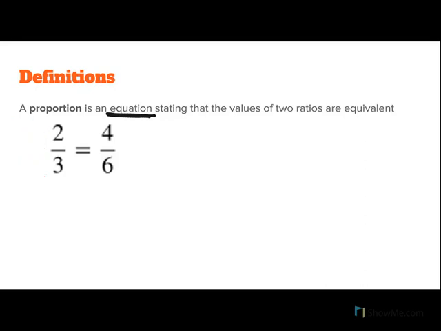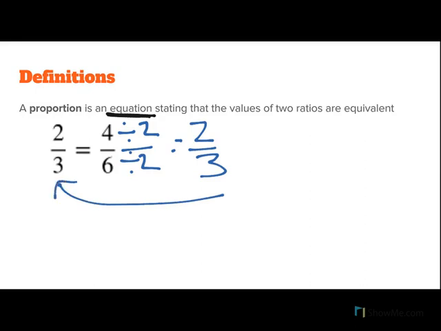Similarly, on the other side, I could also divide this top and bottom by 2, and that would leave me with 2/3, which is the same as 2/3. So any way that we do this, we end up with values that are the same, ratios that are the same, or really fractions that are the same. So that's what we're dealing with for proportion.